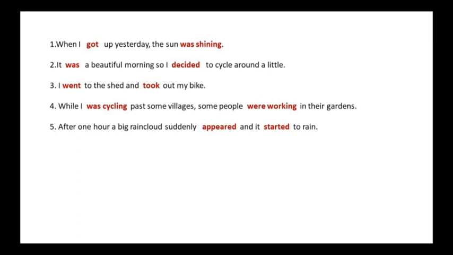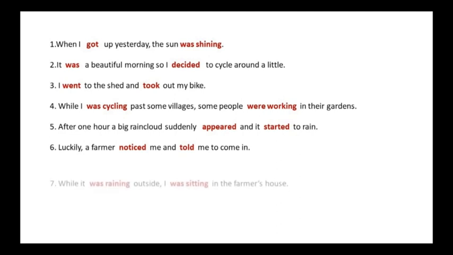After 1 hour, a big rain cloud suddenly appeared and it started to rain. 6. Luckily, a farmer noticed me and told me to come in. Appeared, started, noticed, told. They are all simple past actions happened one after the other.